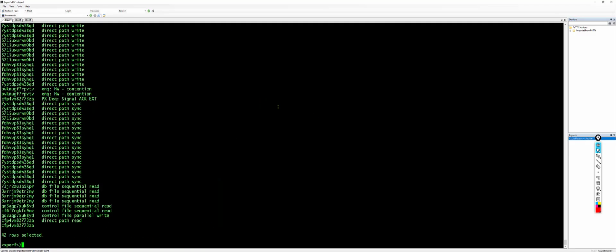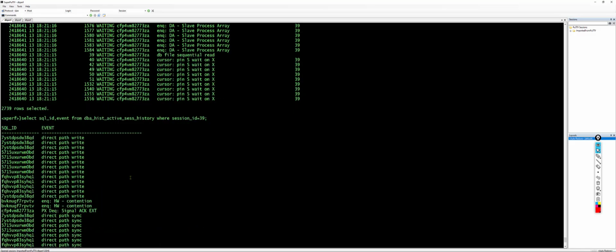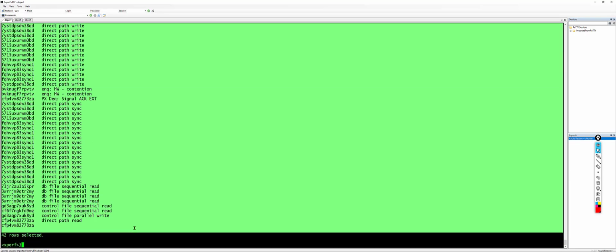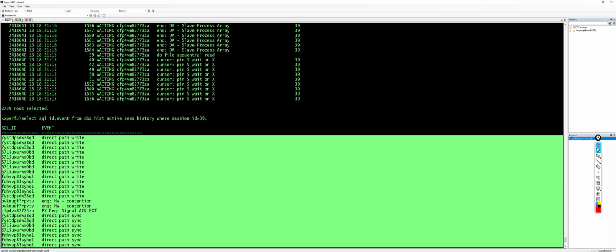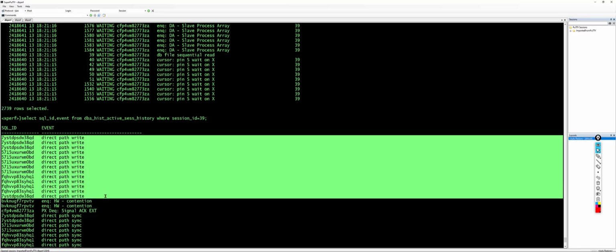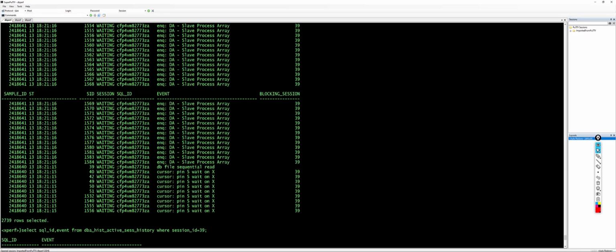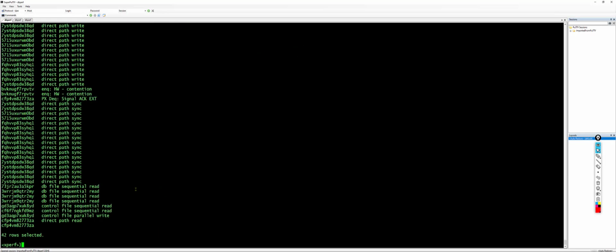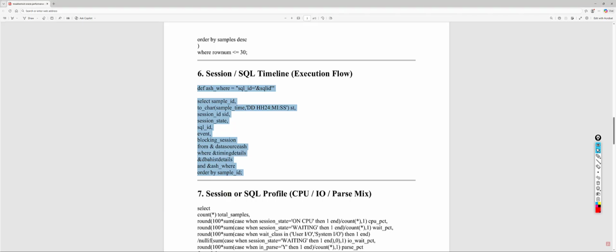Now if you see, session 39 has executed other SQLs. Apart from this CFP4 SQL, it has also executed other SQLs in parallel. That's the reason this SQL is having a blocking session. So this is the diagnosis part of the issue.